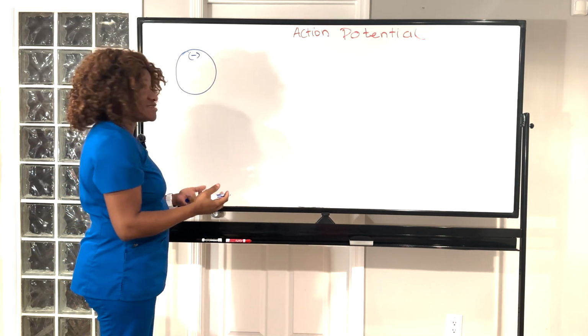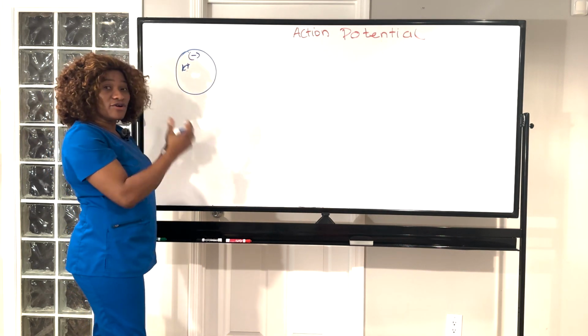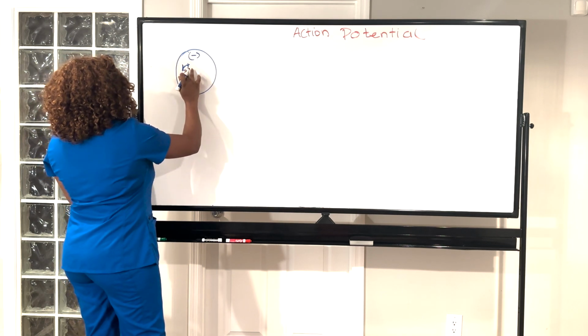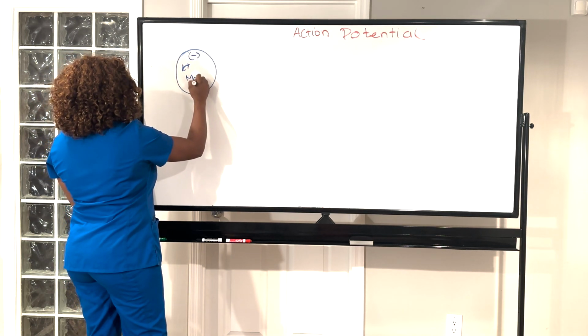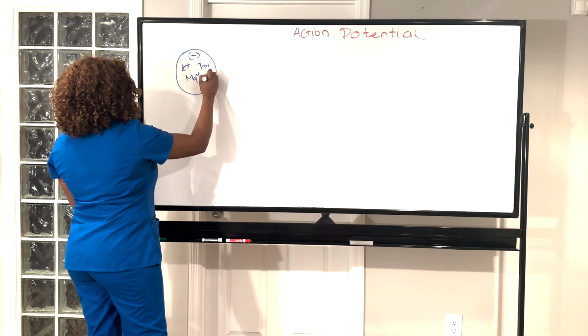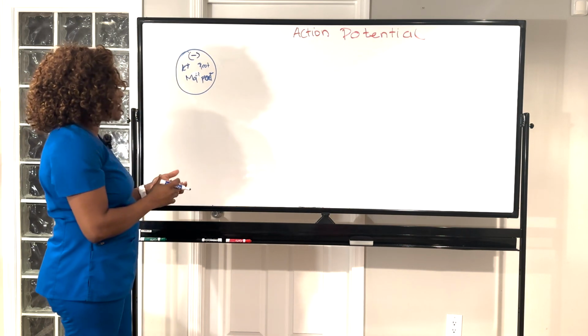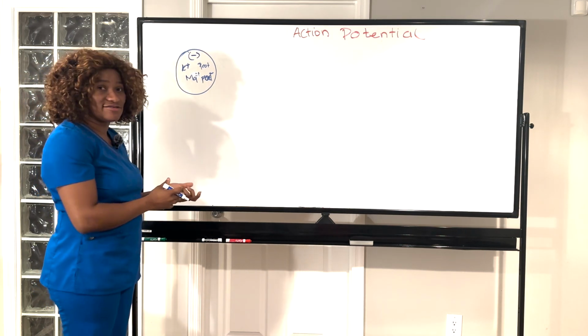So inside the cell, we have ions like potassium that are predominant inside the cell. We have magnesium, we have protein, and phosphorus. So these are the ions that are mostly inside the cell.